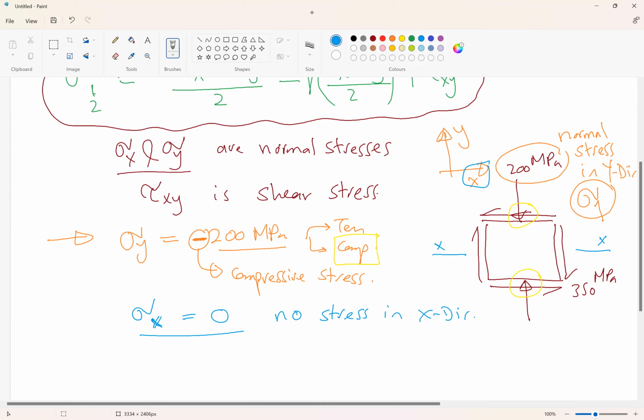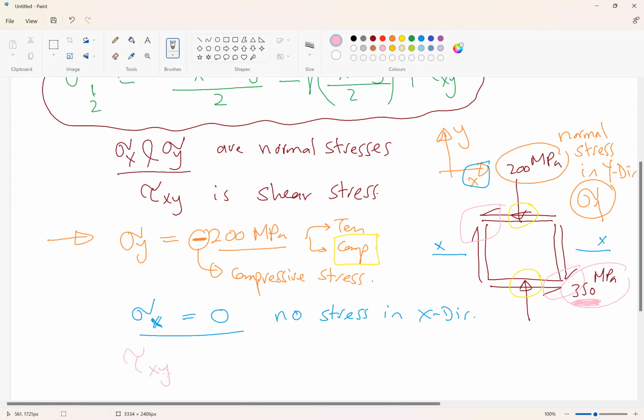Shear stress. If we look here, what we have here, these arrows, we have 350 MPa. This stress is parallel to the element sides, so this stress is shear.